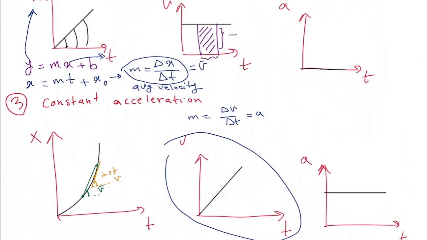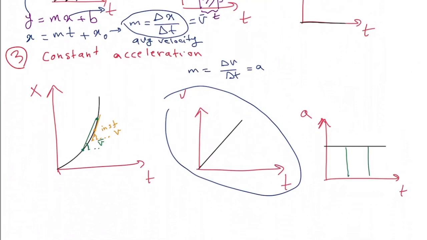So this is actually v and this is actually t, and the area is equal to vt, and we know that vt is actually del x. So from here, we could prove that the area under the curve of vt is actually change in position.